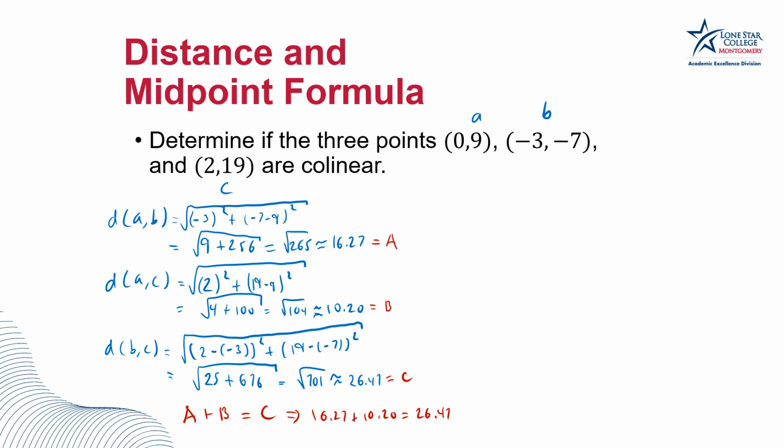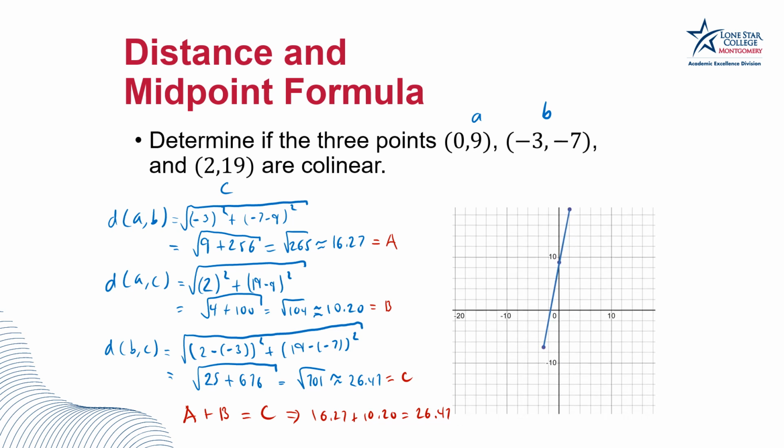And if you were to look at the graph, you'd see that they all lie in the same line, because we can see that 0, 9 is A, so we can call this A here. That's negative 3, negative 7 down here for B, and up here, all the way somewhere up here, would have to be 2, 19, and that's our C. So they all lie in the same line, thus, yes, they are collinear.